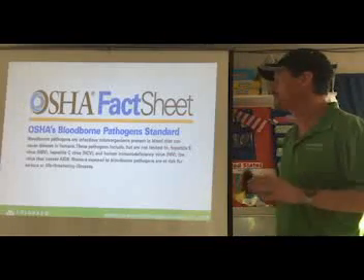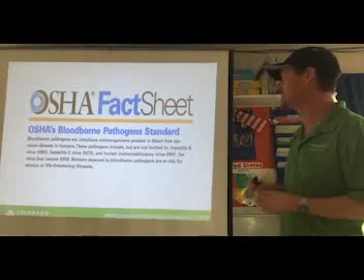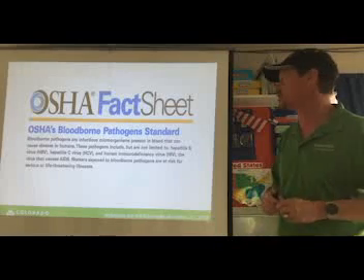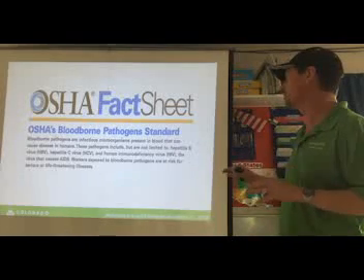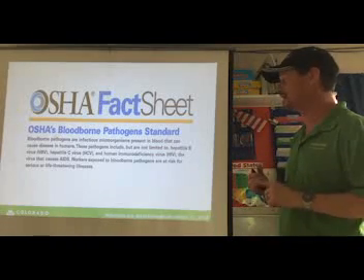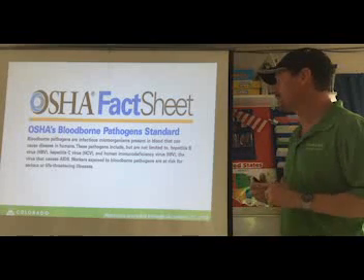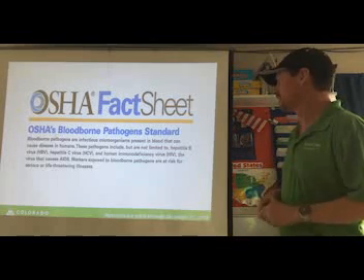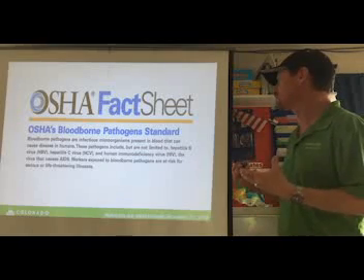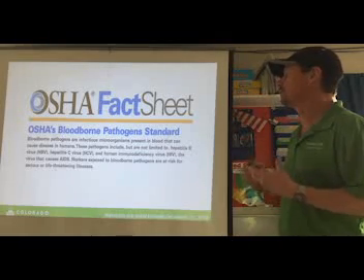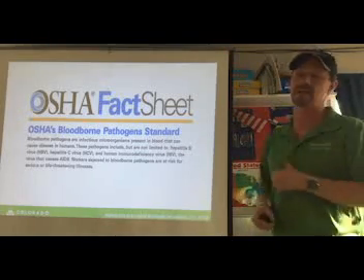Bloodborne pathogens are infectious microorganisms present in the blood that can cause disease in humans. They can include, but are not limited to, hepatitis B, hep C, HIV, which causes AIDS. And so being exposed to these pathogens can put you at risk for serious or life-threatening illnesses.